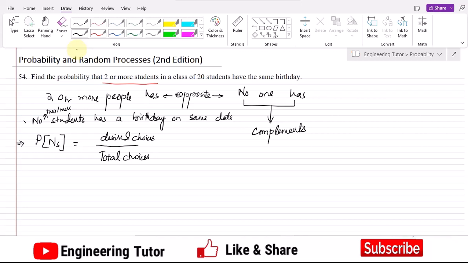Let me call it equation A. To find the desired choices, that is basically a permutation problem, in which I have nPr.